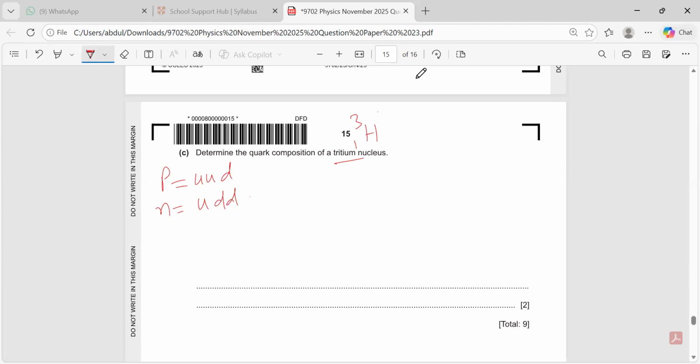Okay. Now, how many protons are there? So there is one proton.